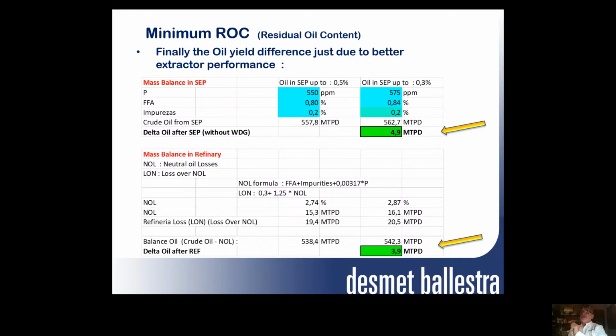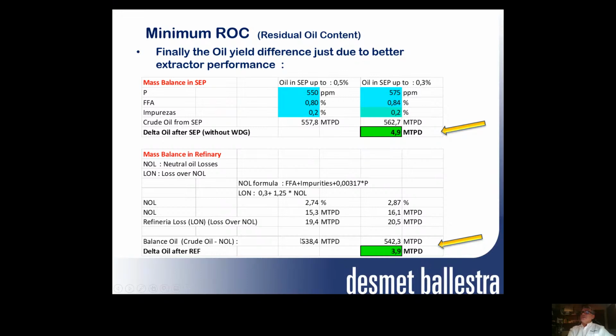But if we do the mass balance in the refinery, considering neutral oil losses with this formula, I checked it with different formulas. It's not always the same, but I checked it with this. This is the formula applied by the company behind all these tests, the neutral oil loss being 25% on top plus 0.3, and we use it with different amounts of phosphorus and free fatty acid.